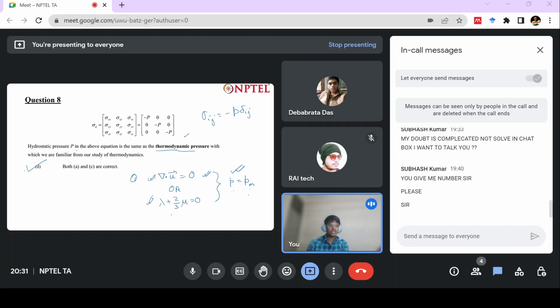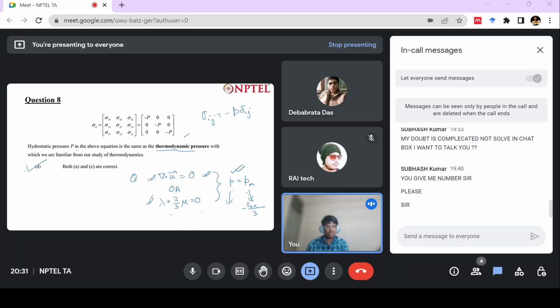What is mechanical pressure again? Mechanical pressure is the mean normal stress. So mechanical pressure is defined as minus sigma kk by 3. Here kk, you understand, is just the summation of the normal diagonal terms. So this is your mechanical pressure. This is the definition that we use in PV equals nRT.